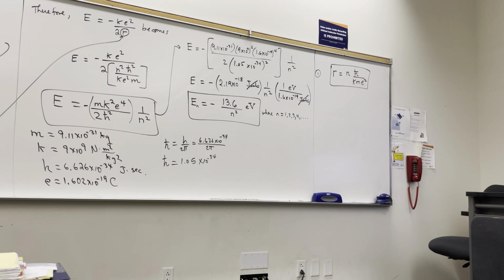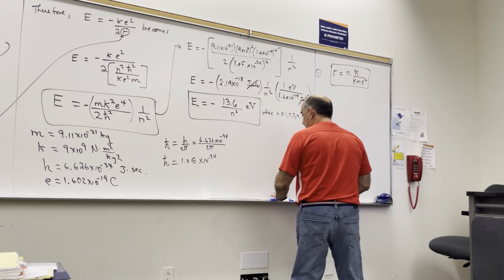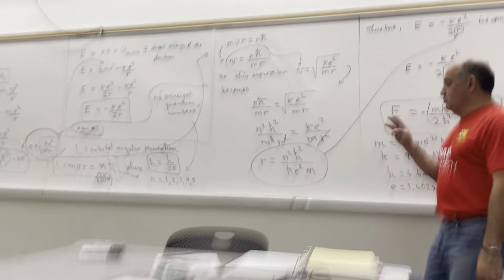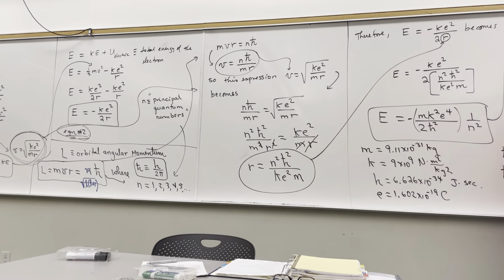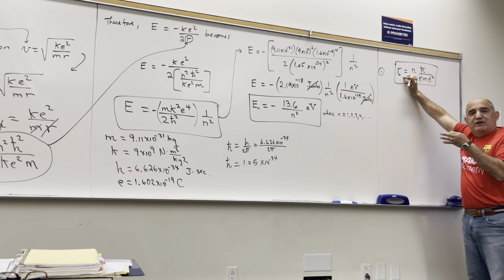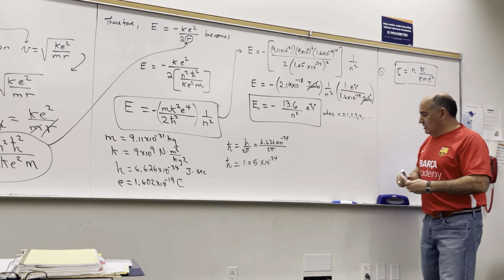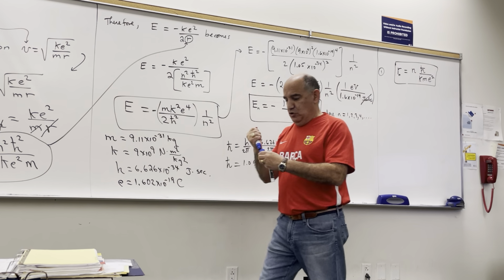So that's a correction. According to Niels Bohr, because n can only be 1, 2, 3, 4, according to his theory, the electron could only be in certain specific orbits, only at certain distances away from the nucleus. That's wrong. The electron can be anywhere around the nucleus.